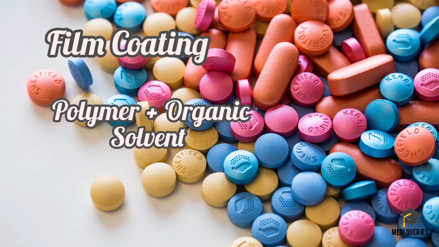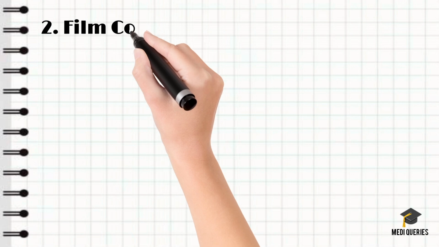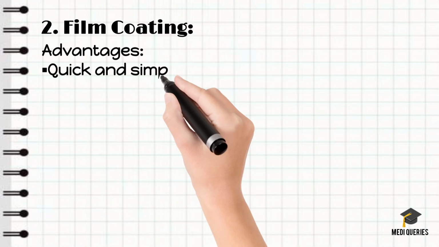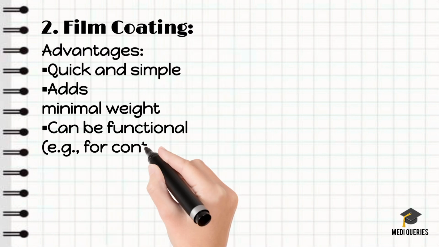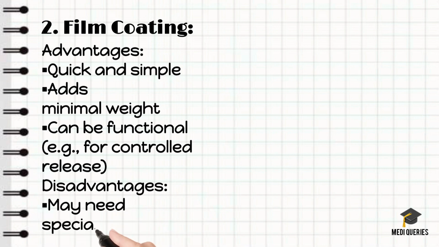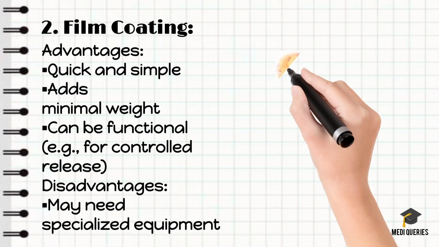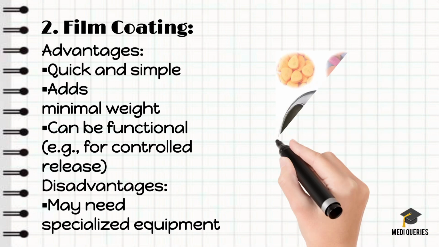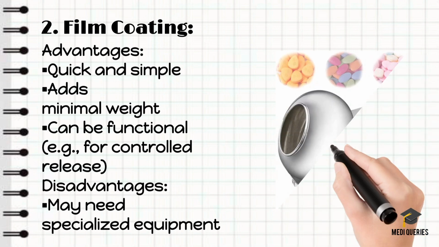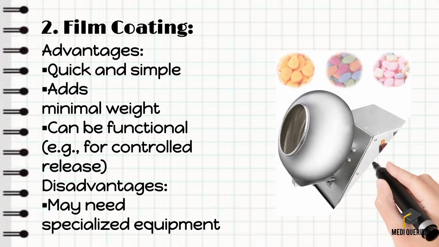Coming to the advantages of the film coating process, it is a less time consuming process. As the preparation steps are very few compared to sugar coating, there will be less time consumption for this process.